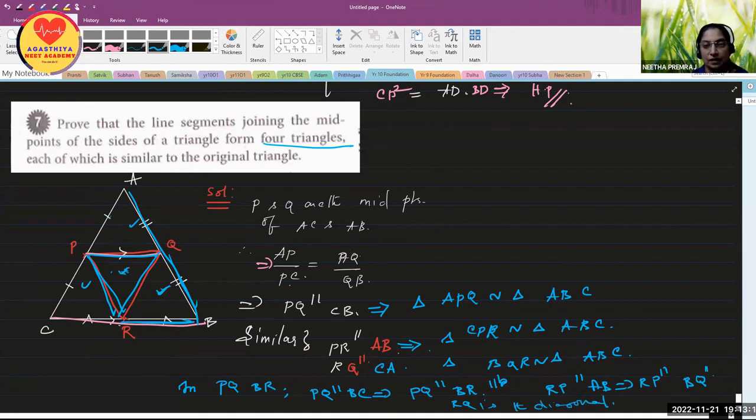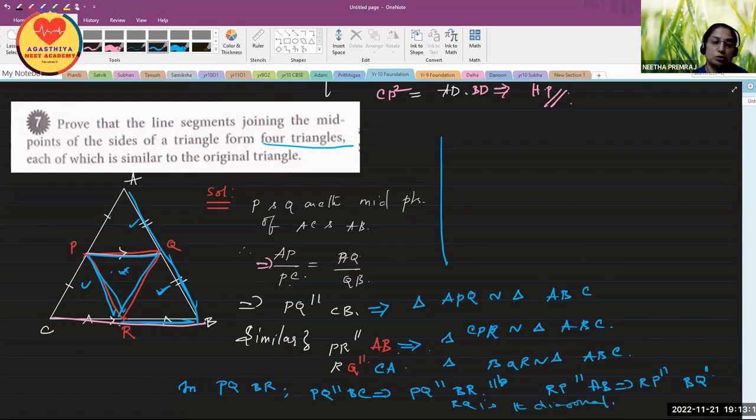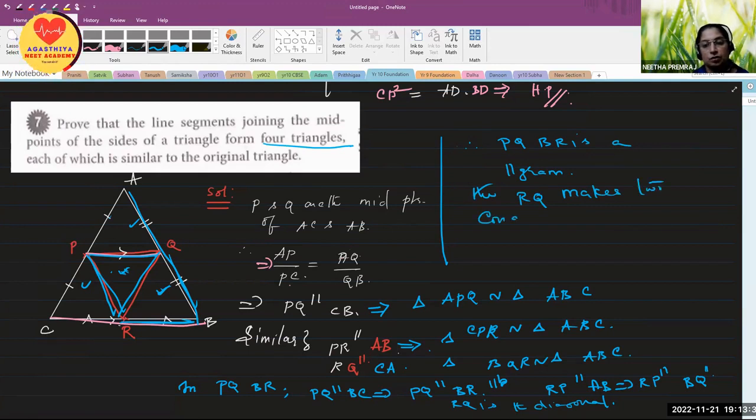We already learned the diagonal makes two congruent triangles, isn't it? Therefore, PQBR is a parallelogram and the diagonal RQ makes two congruent triangles. Therefore, all four triangles are similar to triangle ABC.